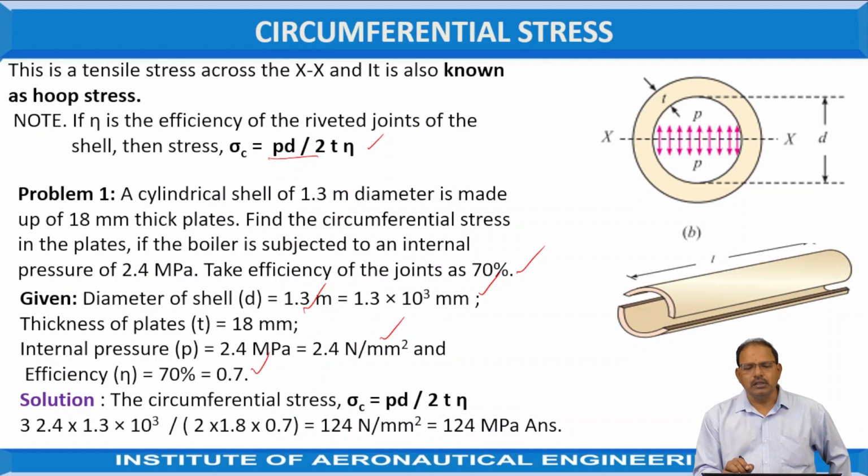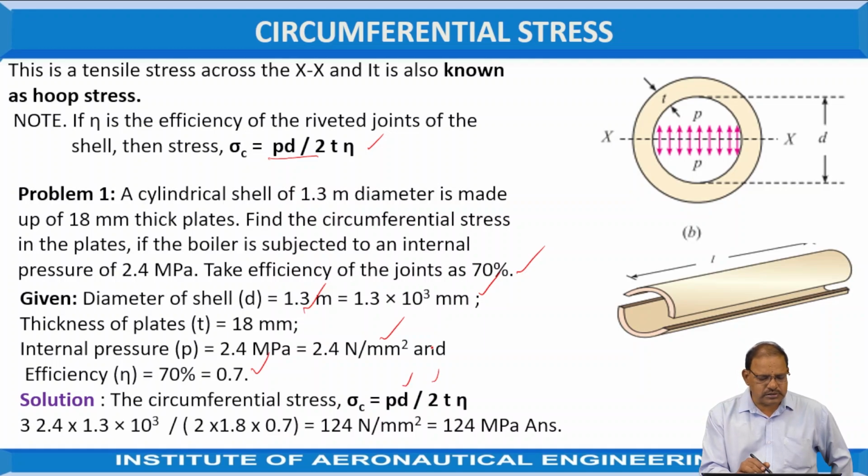So according to the relation of circumferential stress, sigma c is equal to PD by 2Tn, where P is the pressure inside the cylinder when it is filled with fluid, D is the internal diameter, and T is the thickness of the shell.